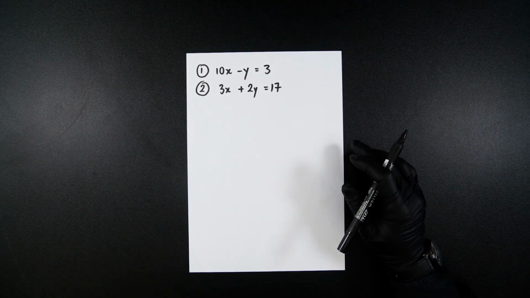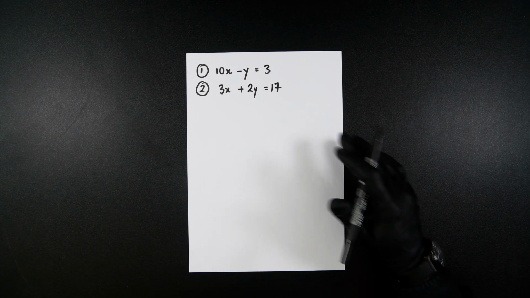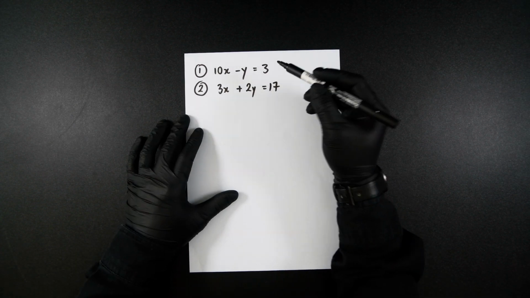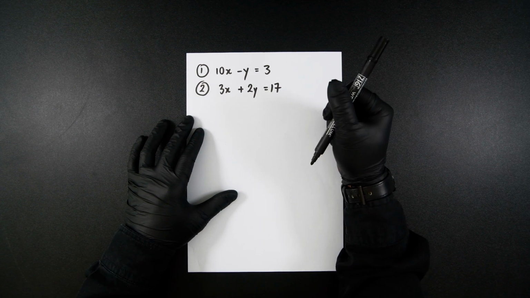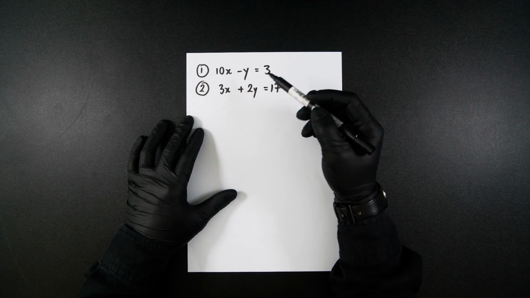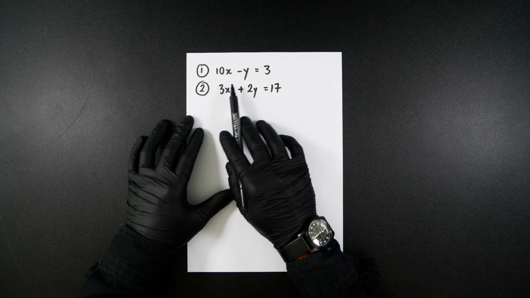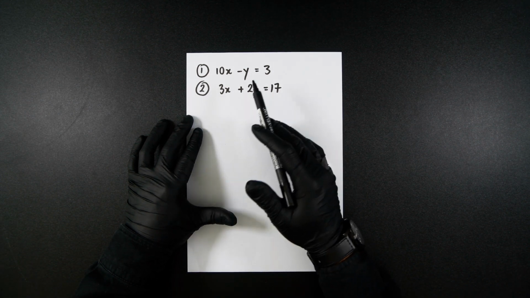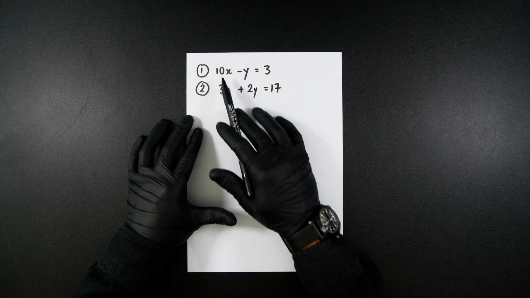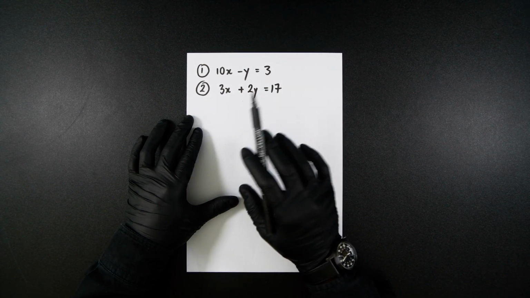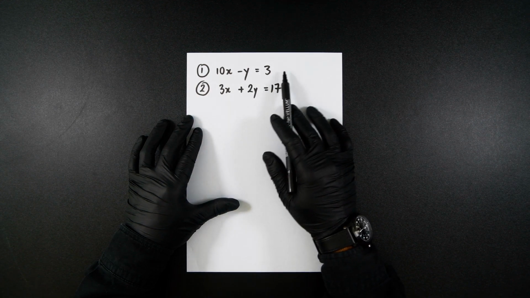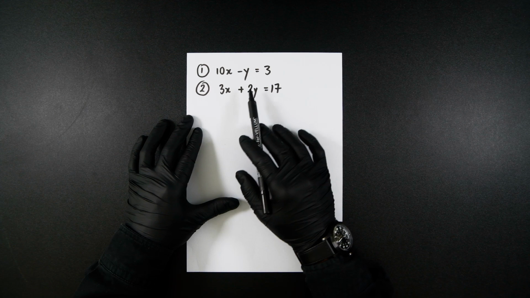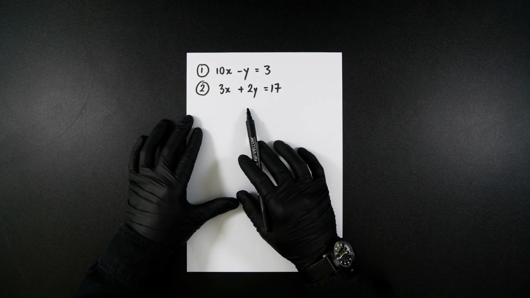In most cases, you will be given a question and told to solve it for x and y, and you will have to make the decision on whether you're going to use the substitution method or the elimination method. If you use the elimination method, you can't really multiply anything here with any integer so that you can get your x terms to equal 10. But you can multiply equation 1 by minus 2 to make your y term a positive 2, and then you can subtract.